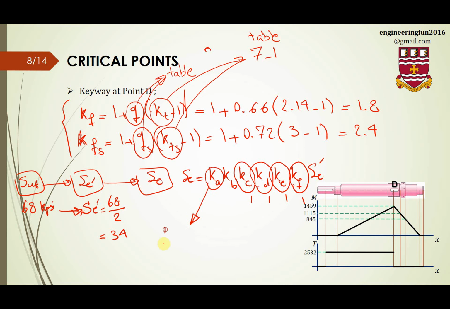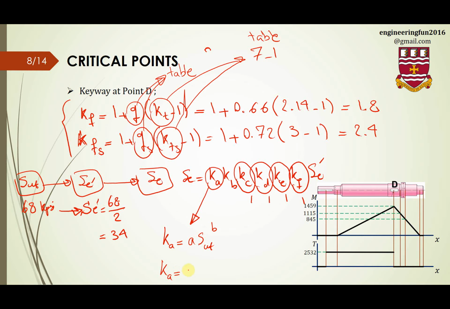For ka, this is related to the material, so this is the material property. It is a SUT to the power of b, and a and b can be found from a table.